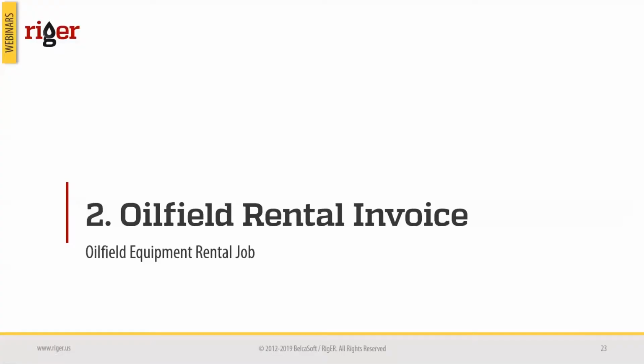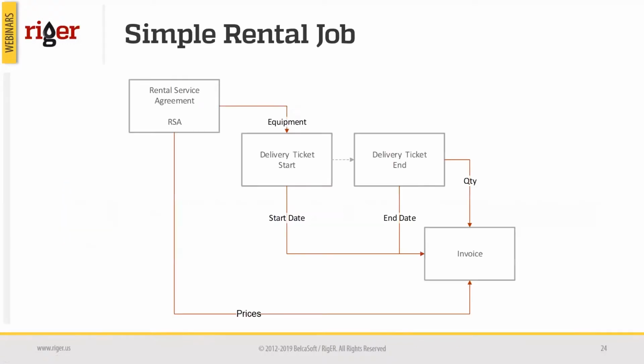Let's come to the second invoices, rental invoices, when we do the oilfield equipment rentals. And here we have a little bit of complexity when we add a start date and end date and calculate the rental period as a difference between those two days. And this information will be in a delivery ticket start and delivery ticket end.